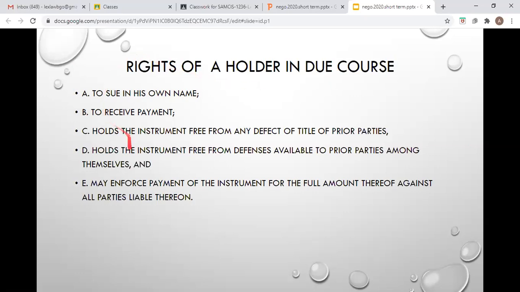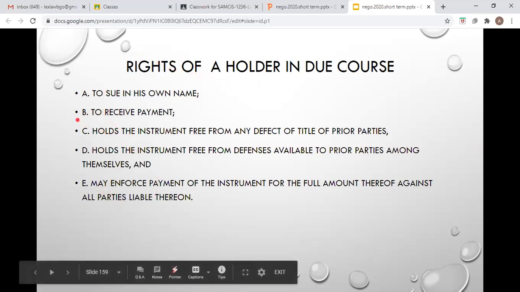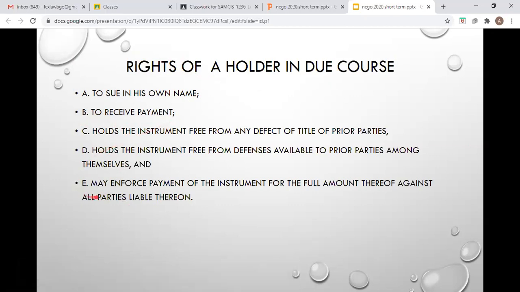Before we consider C and D, the right of a holder in due course is to receive payment. But if you're going to take a look at the last right, to enforce payment of the instrument for the full amount thereof, you notice that a holder in due course is entitled not just to receive a payment, but to receive full payment of that instrument.